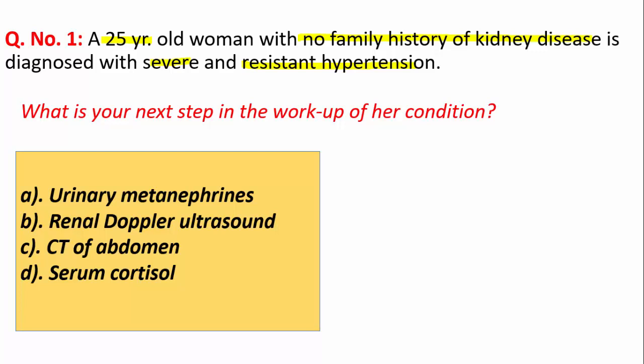So, what is the situation over here? Actually, this woman is so young and she has high blood pressure, and the most likely cause of this resistant hypertension is renal artery stenosis in such a young patient.